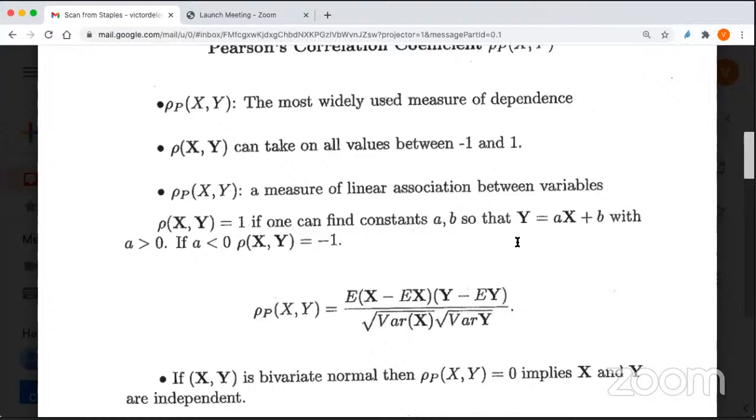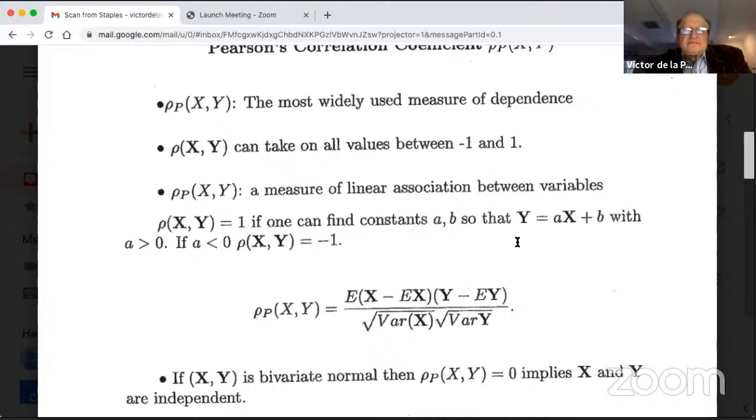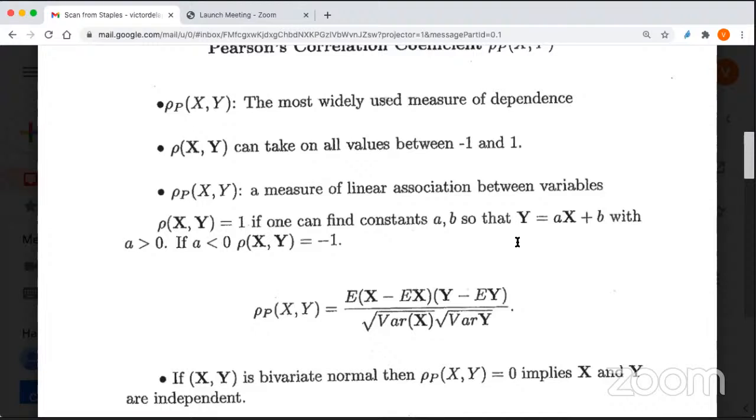Sorry, Victor, I can give an example to show that correlation 0 does not imply that x and y are independent. For example, you can take x uniform on -1, 1. You will have E[x] equal to 0 because it's uniform, and you take y equal to x squared.